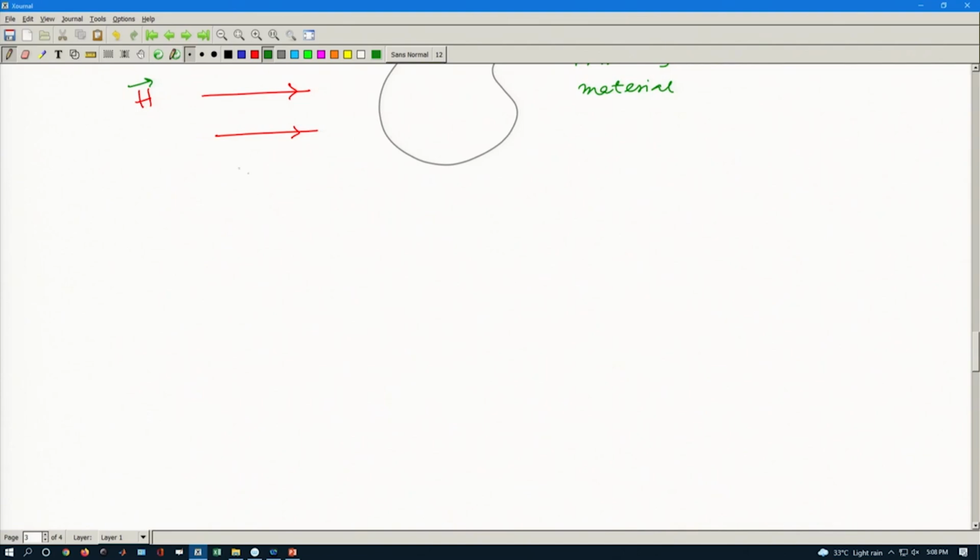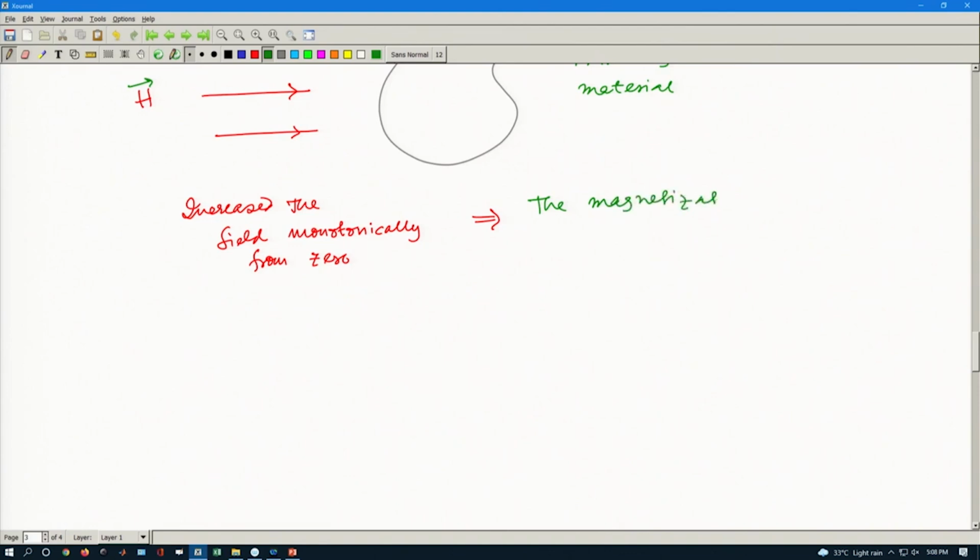is that if I increase this field monotonically from 0, as a consequence, since I am increasing the field, the magnetization M will develop.